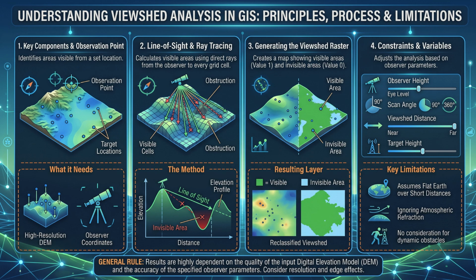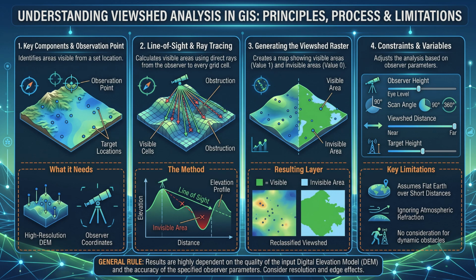How does that work? By mapping the continuous surface, you can model exactly how sunlight hits different aspects of a valley at different times of the year. Oh, that's brilliant. That tells you precisely where certain temperature-sensitive species will thrive, or where the vegetation is dry enough to act as a catastrophic fuel source for a wildfire. And all of that relies on the software correctly estimating those empty spaces between the data points.